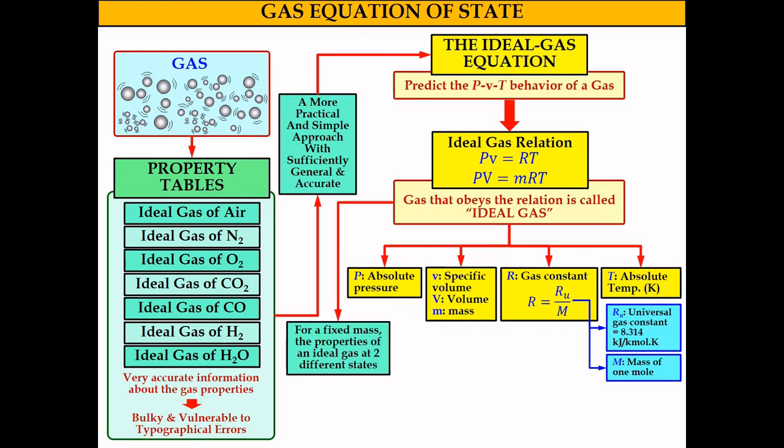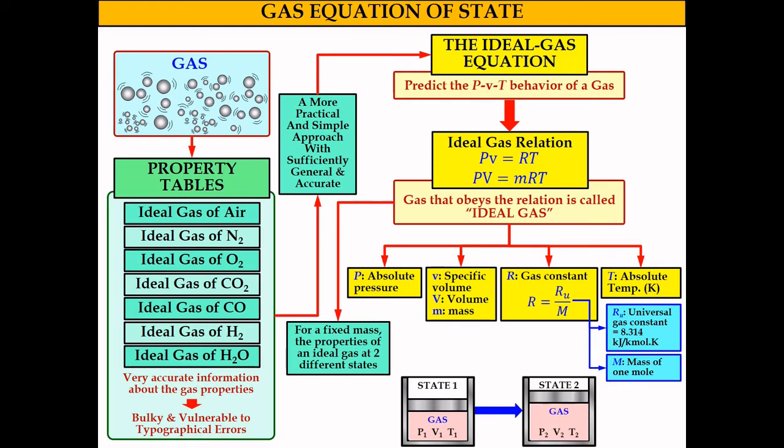Now for a fixed mass system, consider the properties of an ideal gas at two different states, as shown in the schematic diagram. Let's say we have a piston cylinder device at state number 1. Inside the cylinder we have a gas with properties such as pressure, volume, and temperature at state 1, which we write as P1, V1, and T1.